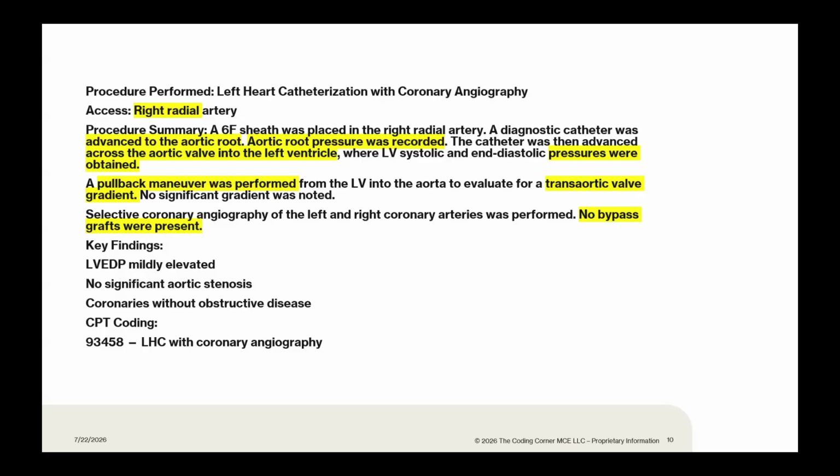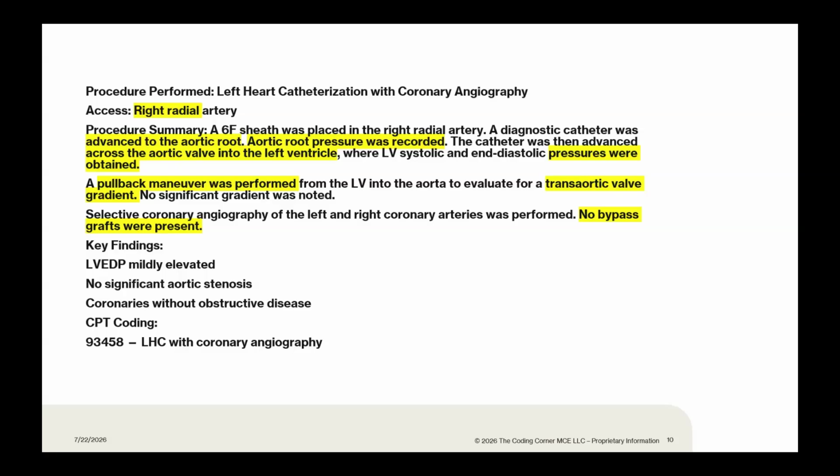Next, the catheter is advanced across the aortic valve into the left ventricle. Once we are in the left ventricle, we obtain both systolic and end diastolic pressures. These values help us to understand left-sided filling pressures and ventricular performance. A pullback maneuver is then performed.